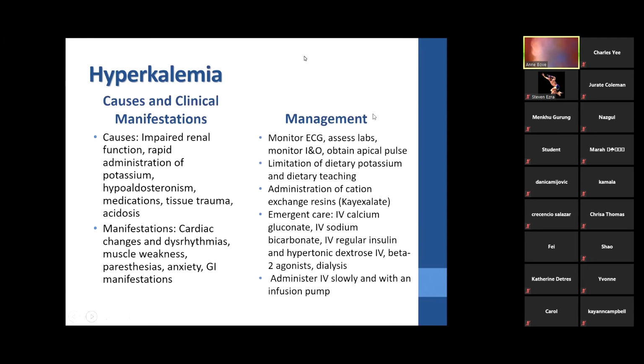So with hyperkalemia, the causes are, the big one being renal failure, certain medications like diuretics that replace sodium for potassium, and metabolic acidosis. You're not going to see dysrhythmias in the true sense of the word like you would with PVCs.